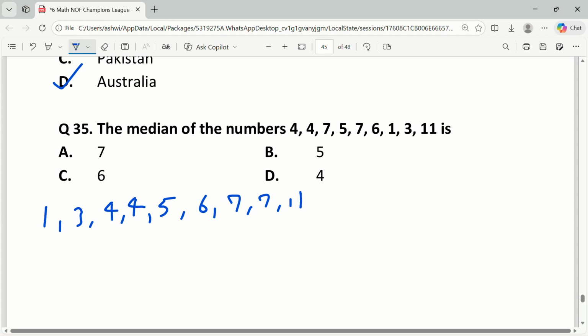There are 9 numbers in the set, an odd number. The median is the middle value, which can be found using the formula (n+1)/2, where n is the number of terms. That is (9+1)/2, which is equal to 5. The fifth term in the ordered list is 5. So the answer is B, 5.